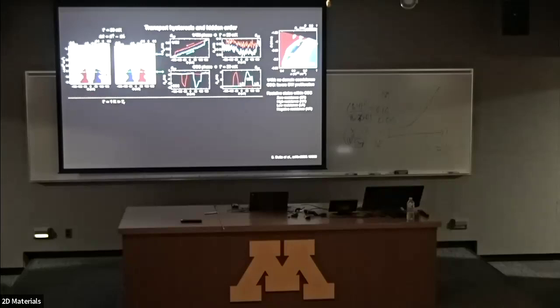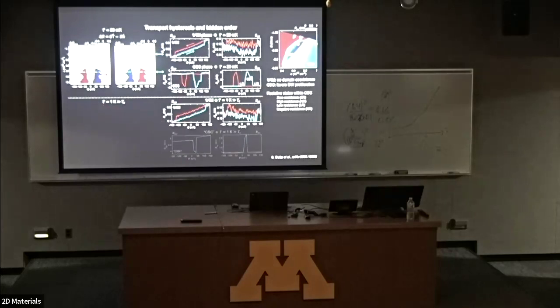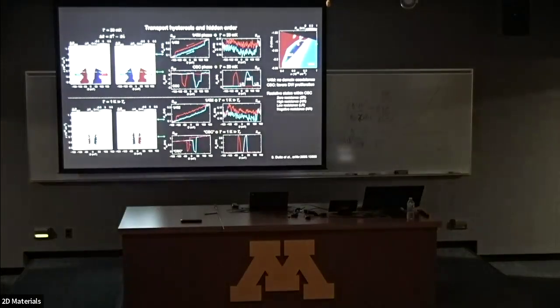So now we repeat the same experiment, but at 1 Kelvin, well above Tc. And we see that the quantum metal phase has the same hysteresis, not surprising. Surprisingly, the superconducting region also has the same hysteresis. So these spikes we also observe in the normal state at 1 Kelvin.